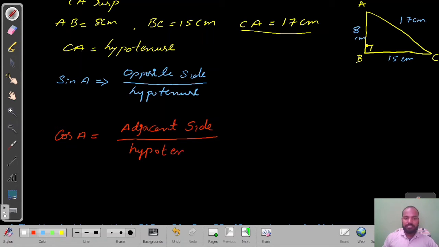Then what is the tan A formula? Tan A formula is opposite side by adjacent.